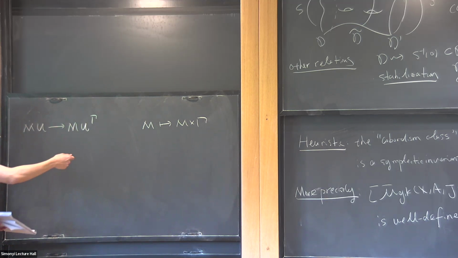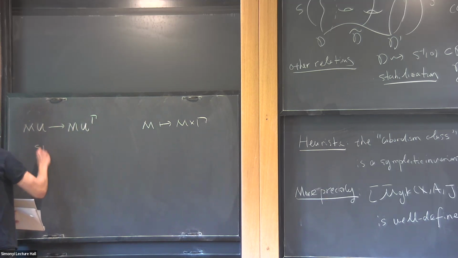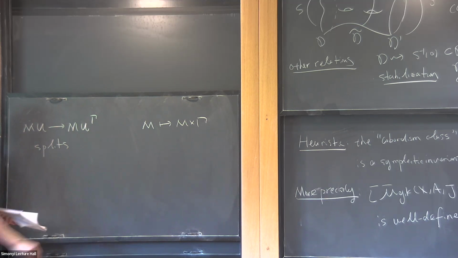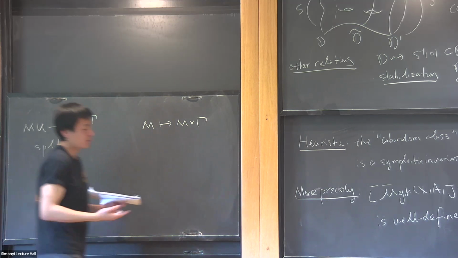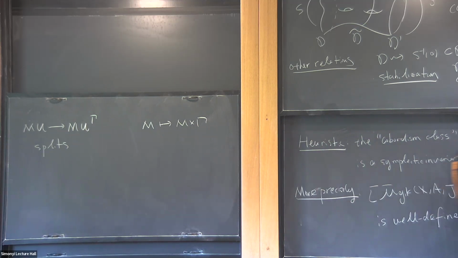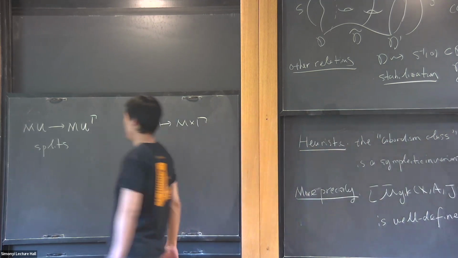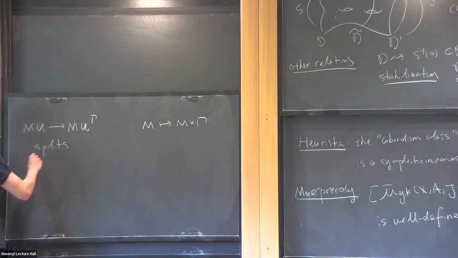So it says that this splits. We can just restrict ourselves to possible orbifolds so that all the stabilizers are subgroups of this given group gamma, and it's compatible with transfers.